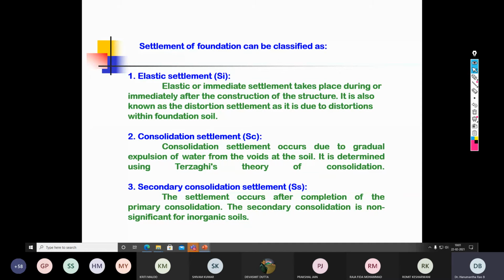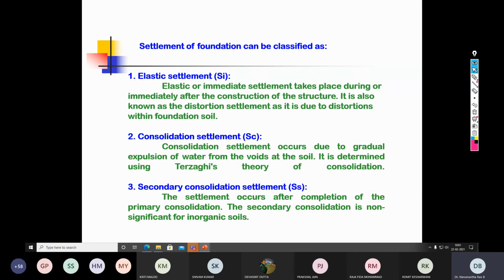That is referred to as the consolidation settlement. But since the expulsion of water depends on the permeability of that particular soil, and the permeability of clay is so low, it takes an immense amount of time for consolidation to happen.